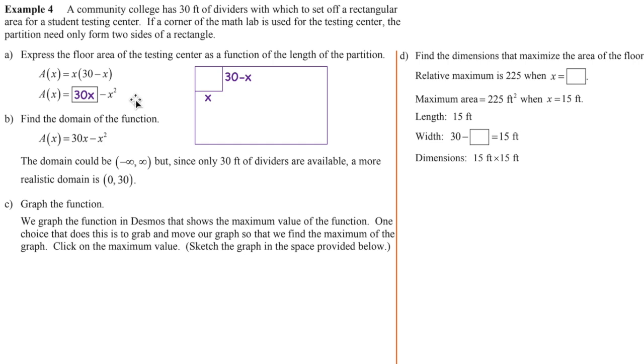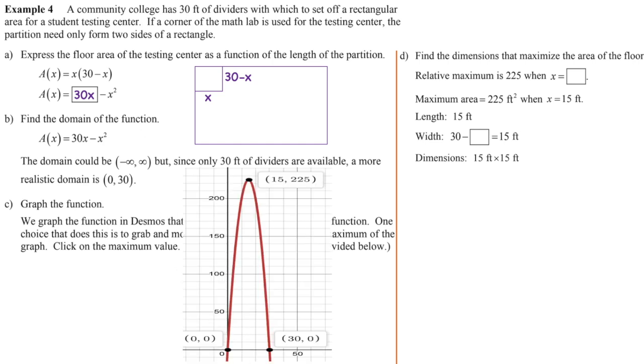Let's find the domain of the function. When I graph this function and zoom out using Desmos, I see that my realistic domain is between 0 and 30 because I only have a maximum of 30 feet to use.